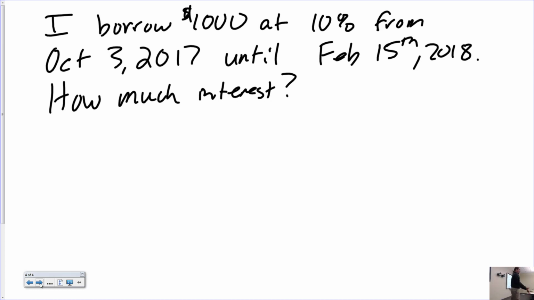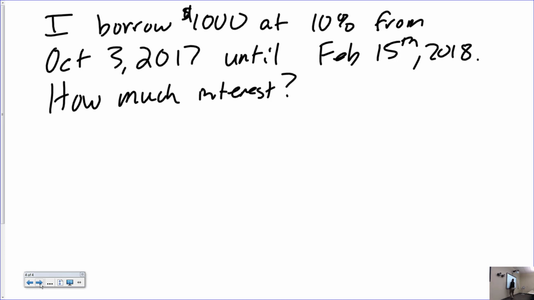It doesn't say the word ordinary, so you assume you get to use exact interest, if you'd like to think of it like that. The tricky part here, folks, is that the dates span 2 years. You can't just subtract the two numbers, because that would be how much time is it from February until October. You're close, but not quite, all right?